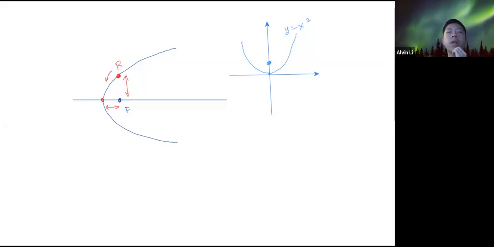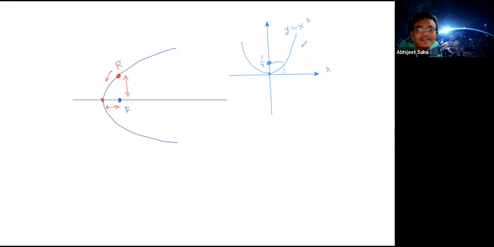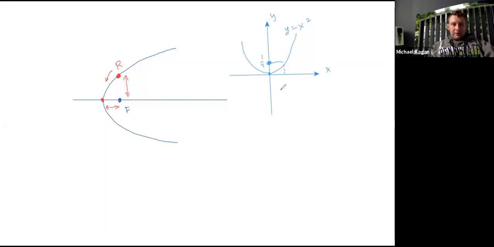Comma 1/4. Yeah, 1/4, exactly. So this is 1/4, and that happens at x equal plus or minus 1/2, right? So this is 1/2, and this is 1/4. So exactly half the distance. Okay.